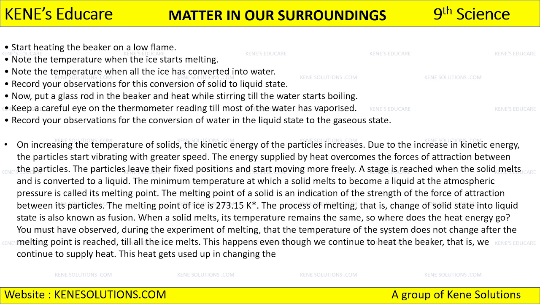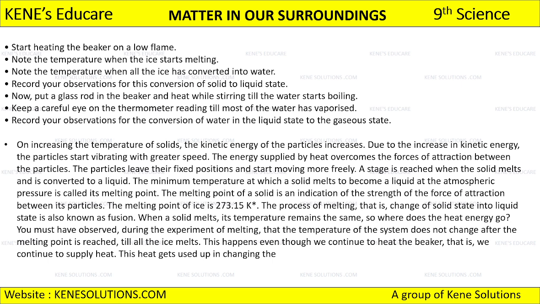And the melting point of a solid is an indication of the strength of the force between the particles. That is also very important. Then the melting point of ice is 273.15 Kelvin, and the process of melting, that is change of solid state into liquid state, is known as fusion.